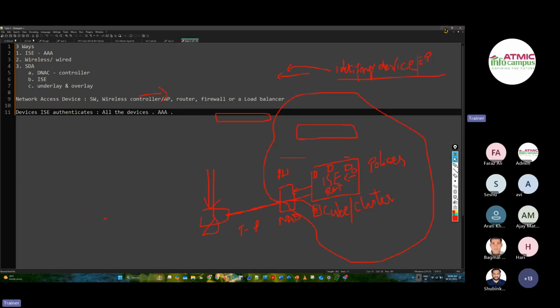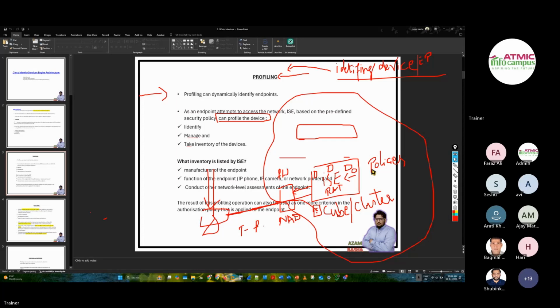In a network architecture, each and every network device or endpoint needs a AAA. Agreed? Yes? No, folks? Most of them, yes.